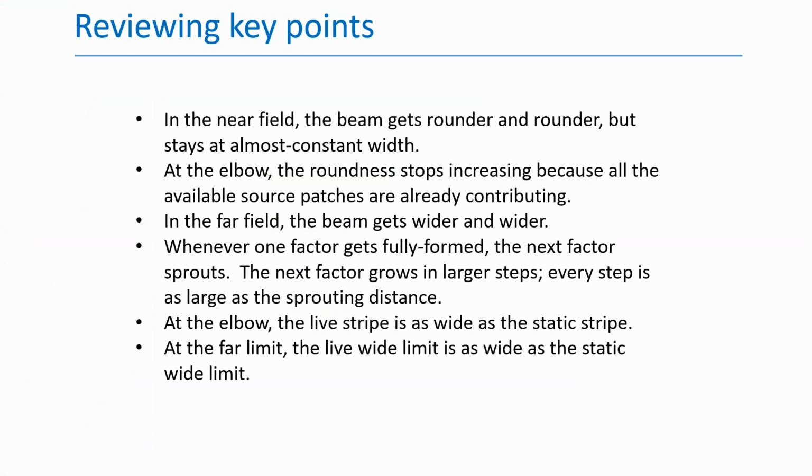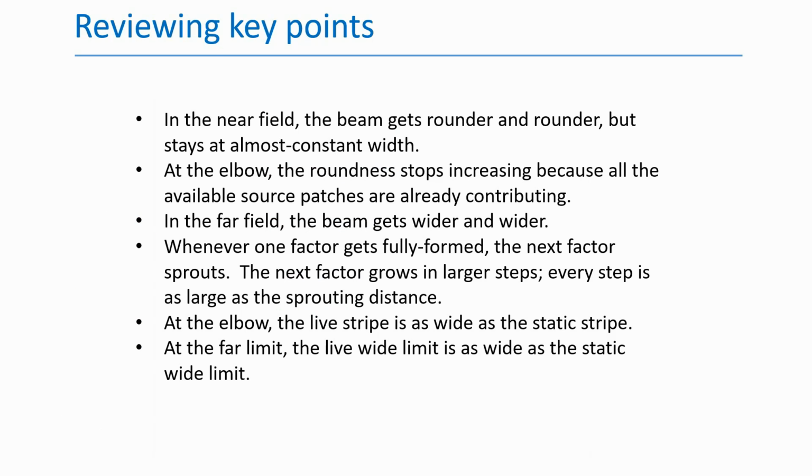That's all for this lecture, so let's review the key points. In the near field, the beam gets rounder and rounder but stays at almost constant width. At the elbow, the roundness stops increasing because all the available source patches are already contributing. In the far field, the beam gets wider and wider.